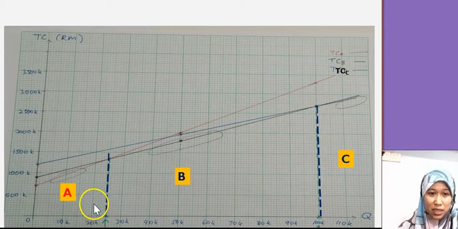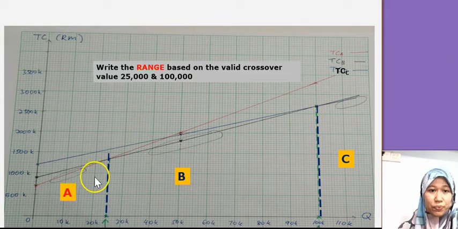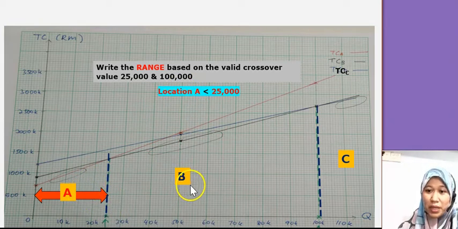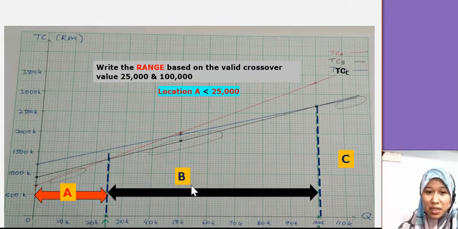So, untuk kawasan A, cara nak tulis dia adalah, okay, daripada, ini adalah crossover tadi, 25,000. Daripada 0 sampai 25,000, maksud dia less than 25,000 untuk location A. Untuk B ni dia special sikit sebab dia in between.